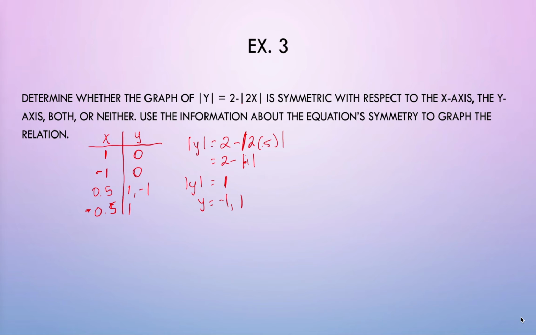And so we still get 1 and negative 1. So we are getting two different y values for the same x value, which indicates that, yes, it is symmetric with respect to the x-axis.